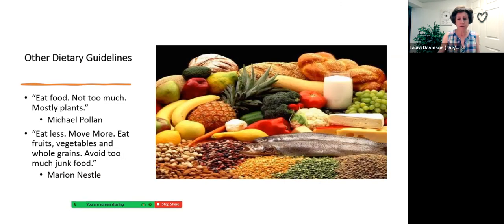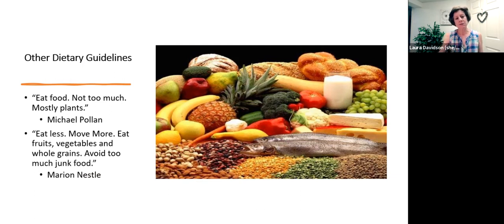Now, when we look at dietary guidelines, there are different people that make recommendations in different ways. We have talked about Michael Pollan. He says dietitians tend to make nutrition far too confusing, and his advice is eat food, not too much, mostly plants. But again, he clearly distinguishes what is food and what's an edible food-like substance. Marion Nestle out of NYU, she is an author as well, and by the way, has a great blog called Food Politics.